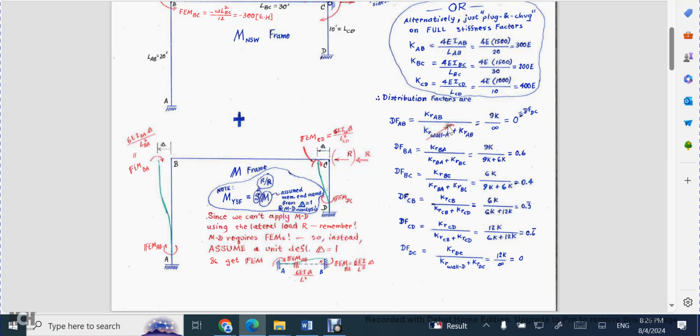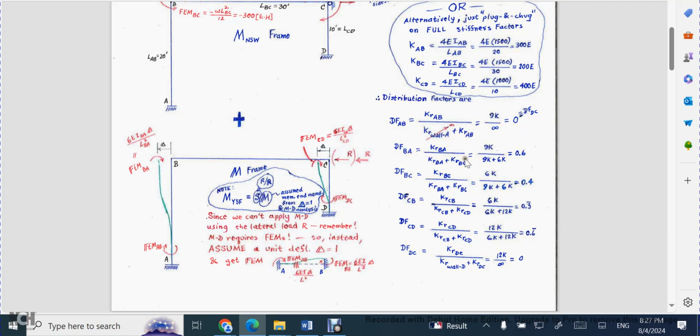So that's why I have this labeled as infinity. And so the bottom is completely eaten up by that infinity. And so you have something divided by infinity. Well, that's 0. So the distribution factors for those fixed locations A and D are 0.